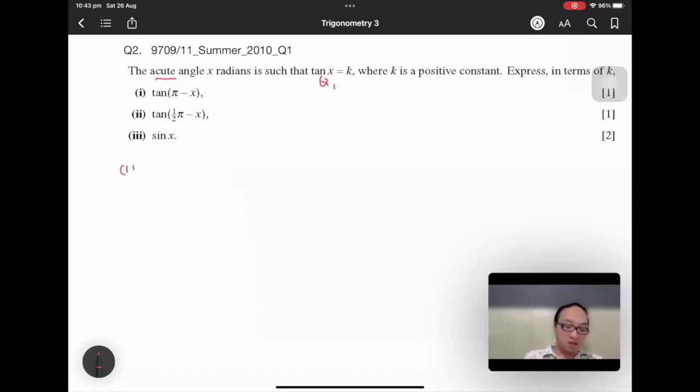So that means for tangent pi minus x, this will be in the second quadrant. We know that in the second quadrant, tangent is negative. So this is equal to negative tangent x. So this is equal to negative k.